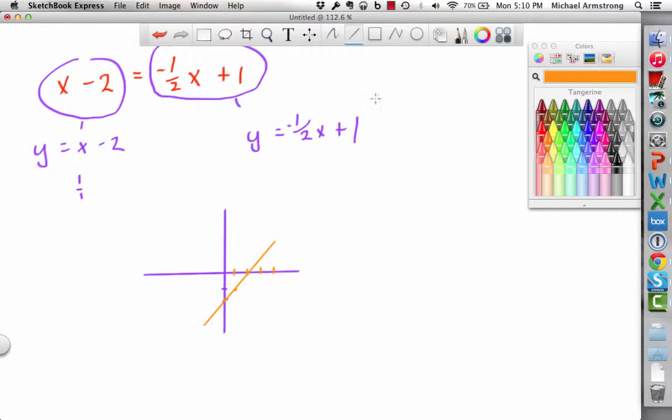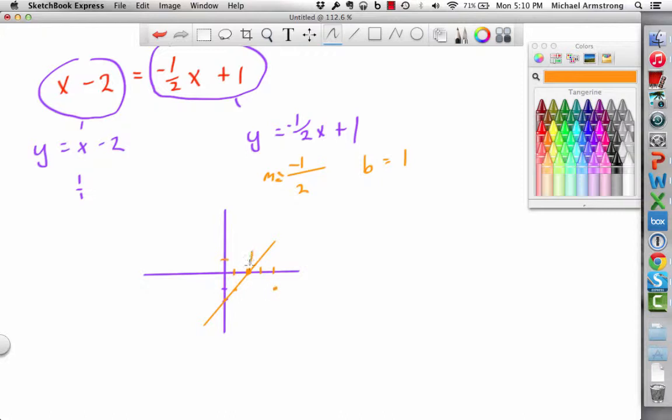There we go. And for this equation, we've got a negative 1/2 slope. So the slope is negative 1 over 2. That's the slope. And the y-intercept, which is b, is equal to positive 1. So that's going to start up here. But our slope is going to be down 1 over 2. Down 1 over 2.